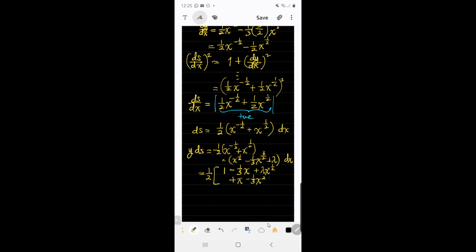And the last one is lambda x to the power of half. So this is the expression for y ds.